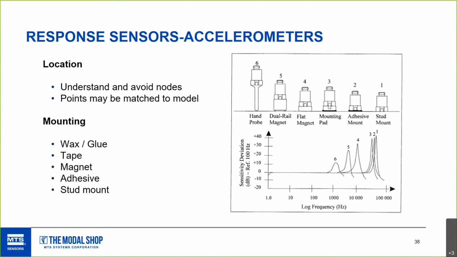Stud mount is also, of course, great, though maybe not terribly easy to drill and tap holes in your particular test structure. And this is one of those things where the engineer has a decision to make as well. If the object under test is super precious, maybe using Kapton tape or something that's non-marring or doesn't leave any residue behind is great. Just consider all the effects that it may have on your test downstream.